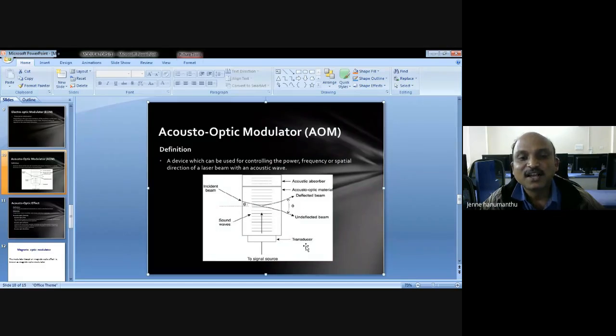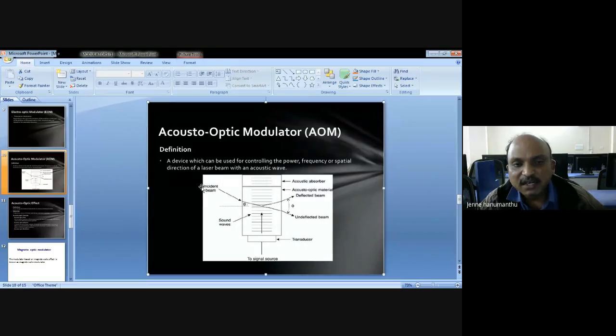Acoustic transducers. They will convert the electrical signal into non-electrical sound signals. With these sound signals, they pass through this medium.